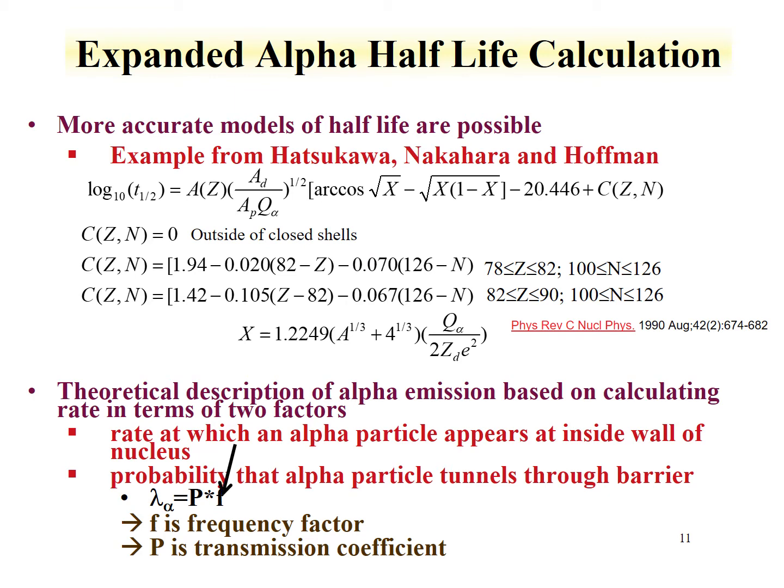How often does that alpha particle appear in the nucleus? And then there's the second factor: once that alpha particle appears, what's the probability of it getting through the barrier? So some sort of transmission factor, right? We can call that P, the transmission factor. Taken together, we can take the transmission factor and the frequency factor to get the decay constant for alpha decay.